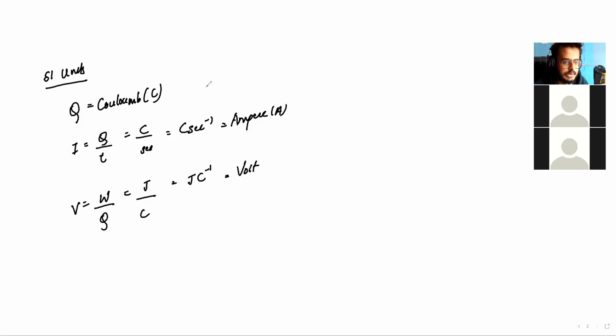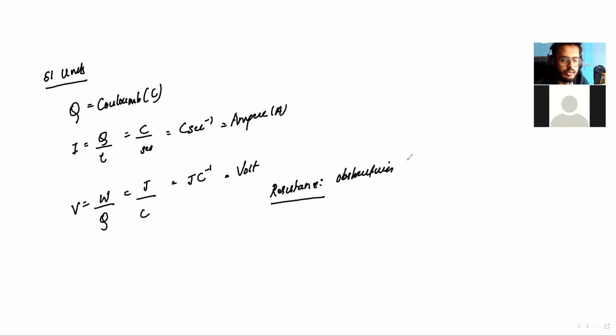Okay, then I explained to you about current and about voltage. Now the thing left is resistance. So what is resistance? Resistance is basically the obstruction offered to the flow of electrons.